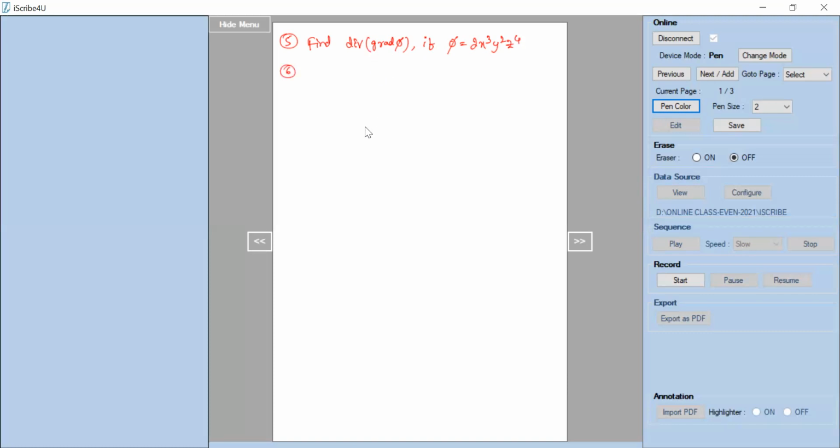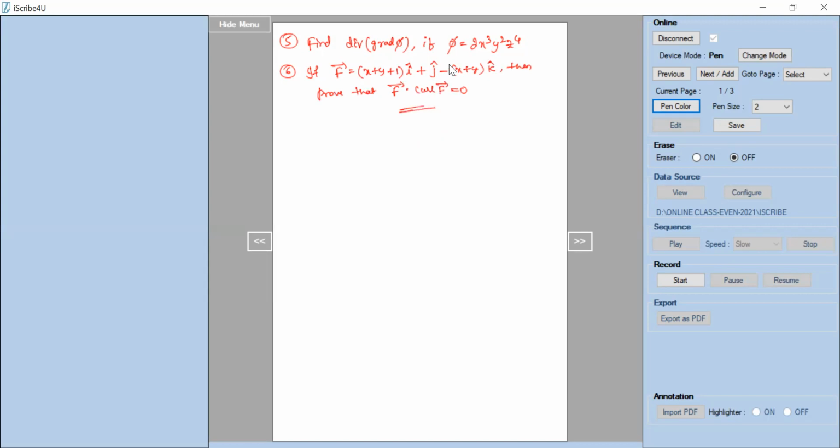The 7th one is, if vector f equals x plus y plus 1 into i cap plus j cap minus of x plus y into k cap, then prove that vector f dot curl f equals 0.